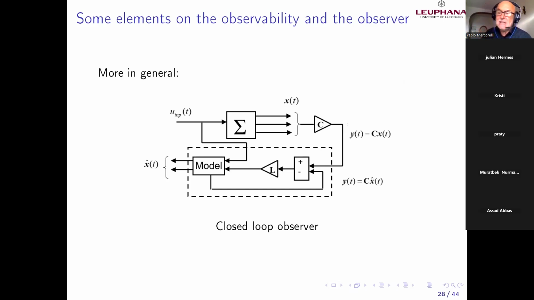In general, assuming that here I have what I am measuring, I compare the corresponding variable which I am observing, and with the error between what I am measuring and what I am observing, thanks to the matrix L, which could be a matrix or a vector, I can correct my initial error, the error in terms of initial condition, in this sense.